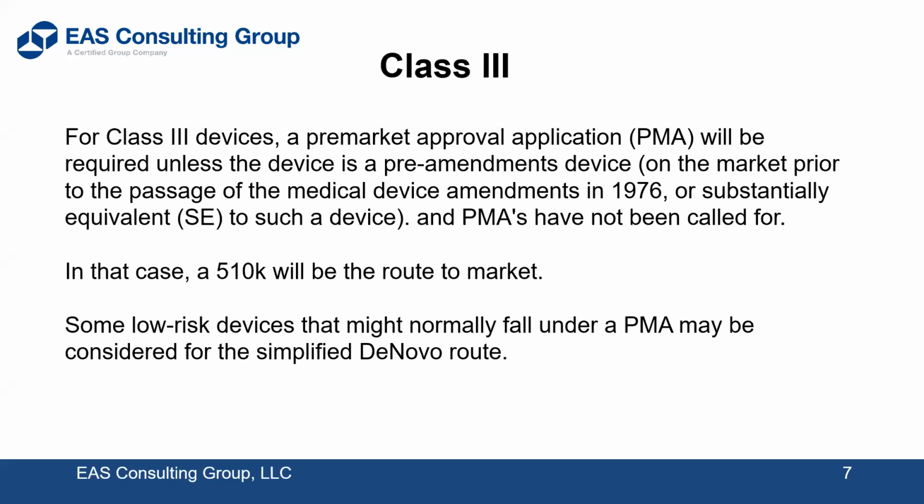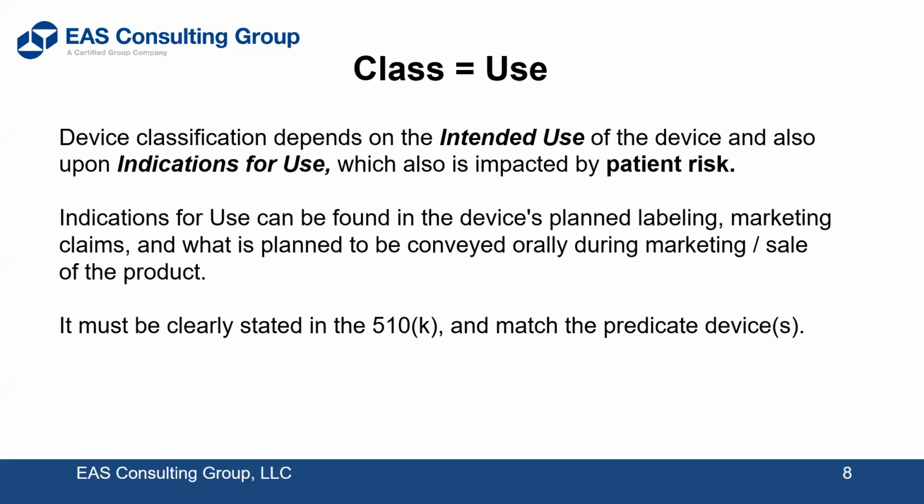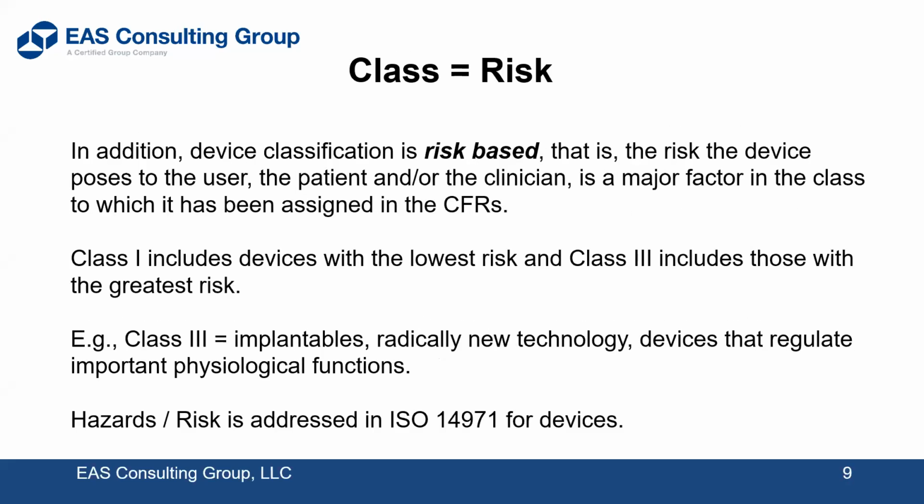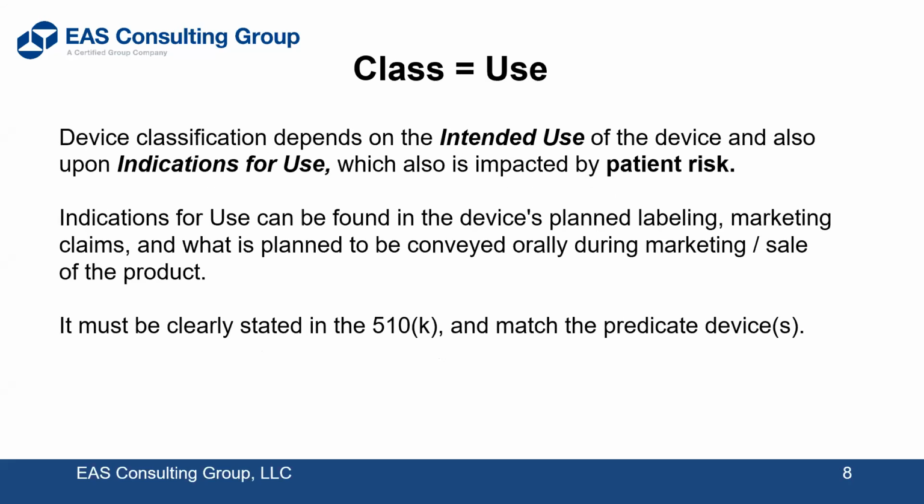So that's an option. And of course, once a device is cleared or approved under the de novo route, it becomes a predicate device for a subsequent 510K. So class is based on use, its intended use or indications for use.